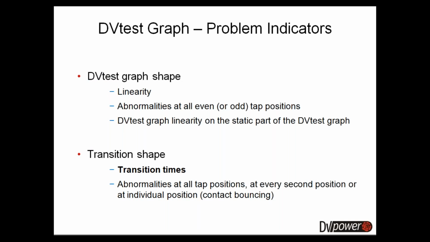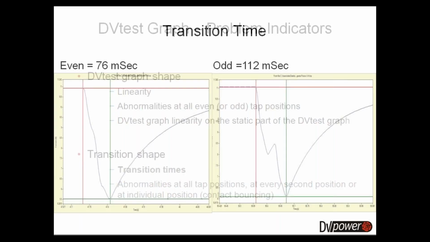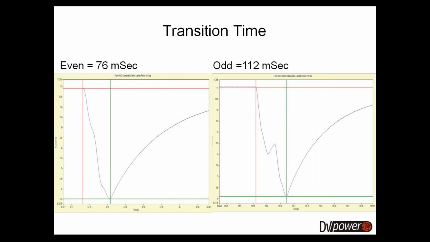Now, when you zoom in on individual transition, when you go further in on the details of the graph, you can detect additional issues with the tap changer. These issues include transition times, because anytime your tap changer slows down and you don't know the reason why, it can indicate a potential problem.